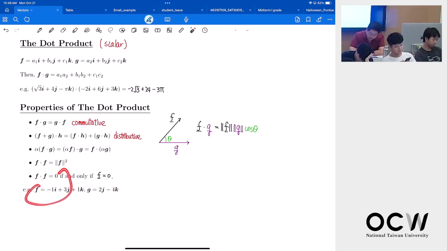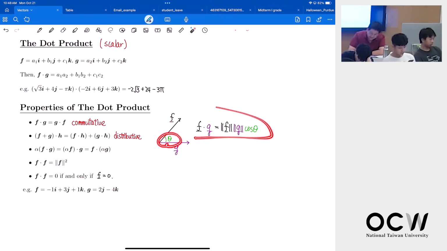So suppose I have two vectors f and g. I want to find the theta between these two vectors. How do I find this theta? We have a cosine.